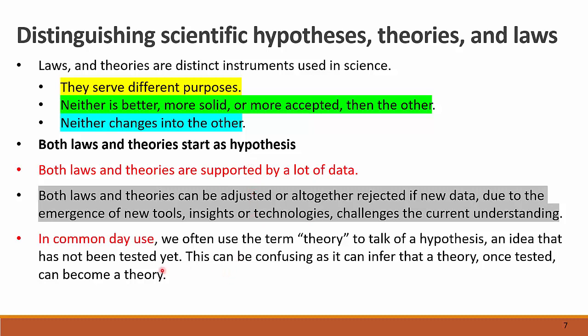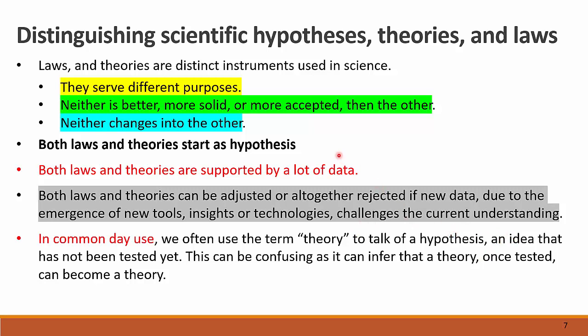Be careful with the common day use of the word theory. In common day use, we hear of something and say, I have a theory about that. Actually, what you are talking about is a hypothesis.